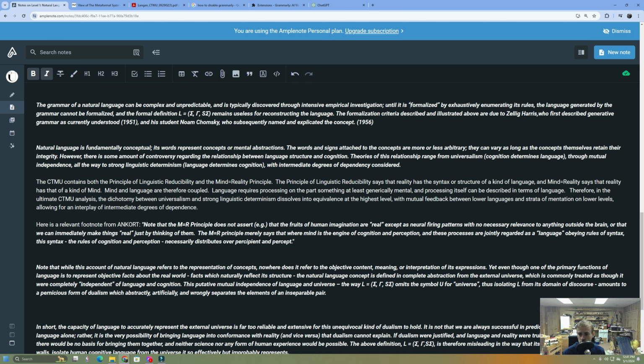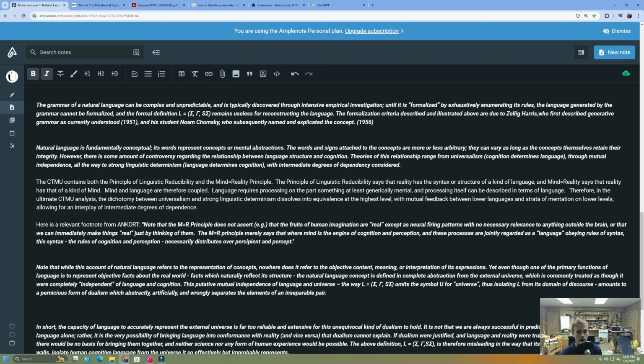So I guess universalism says that cognition determines language, through mutual independence, and that cognition precedes language, and therefore any language formulated within it is merely supervening on cognition and not affecting cognition or limiting it in any way through its structure.